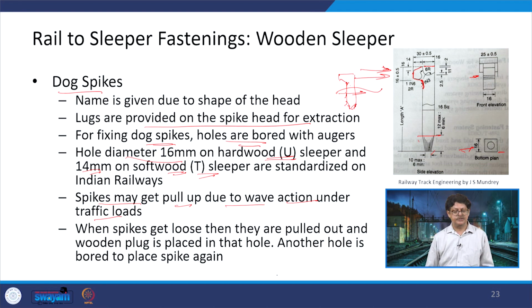So loosening is a possibility, and when these spikes get loose, they are pulled out and a wooden plug is placed in that hole. Another hole is bored to place the spike again, because once it has got loosened at that location, it will not remain there even if you try to do it further.